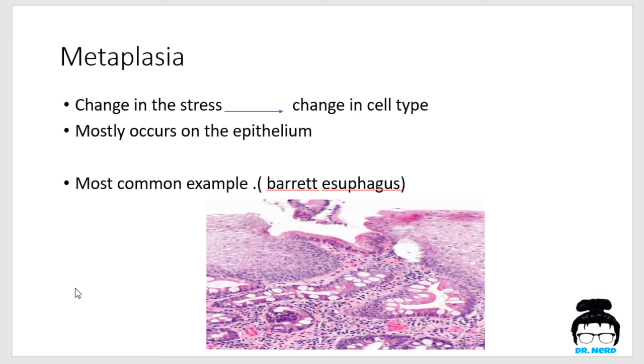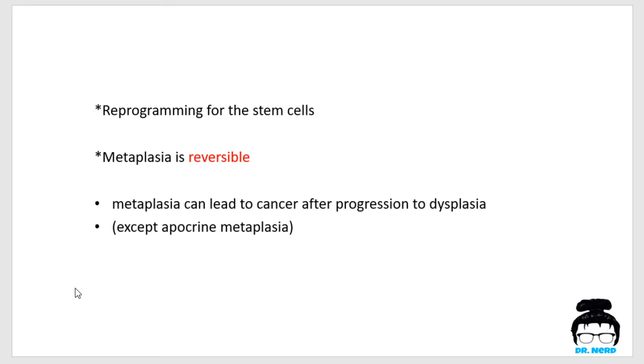We took it in the GI block, which is called GERD. It will lead to cancer, of course. So, as I said before, what happens in metaplasia is reprogramming of the stem cells, but don't panic.